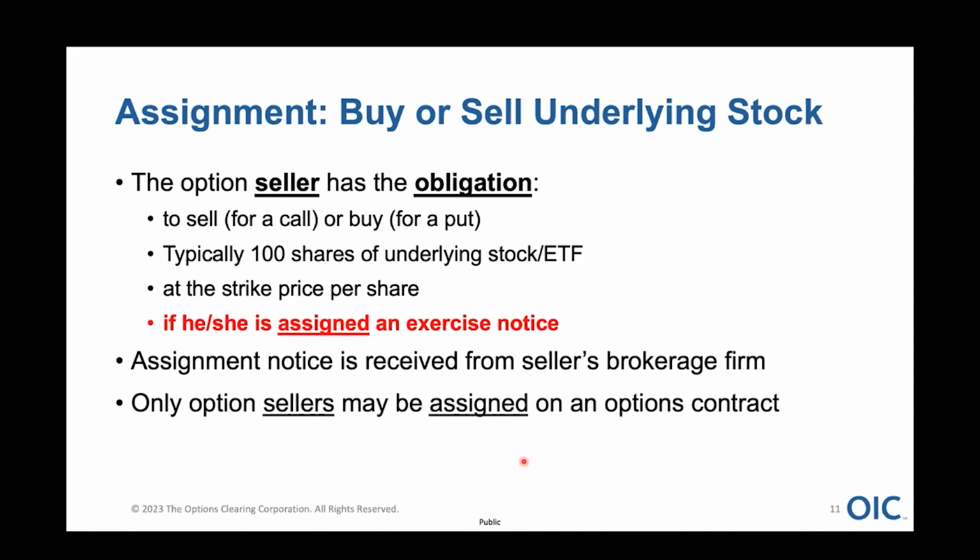In the case of a call, you would be paid your strike price times 100, and you'd have to sell 100 shares of stock at your strike price. In the case of a put, you would have to pay your strike price times 100, and you would then take delivery of 100 shares of stock of that particular security. Only option sellers may be assigned on an options contract.